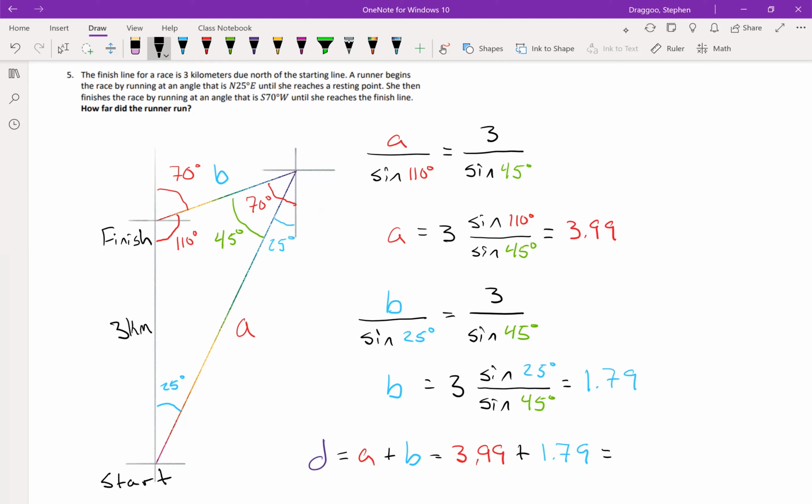So 4.8, because I'll round that to the nearest tenth, since that's what the problem was asking us for. And all of our distances were measured in kilometers. So it should be kilometers.